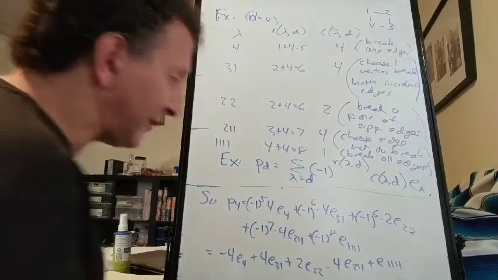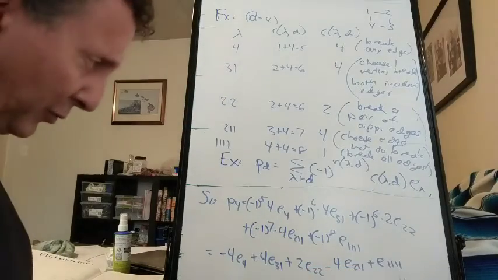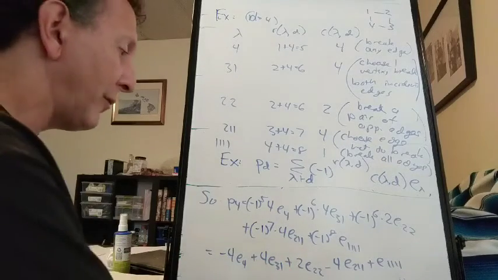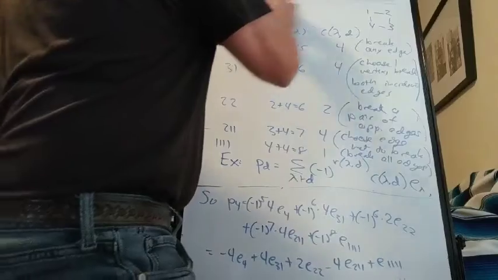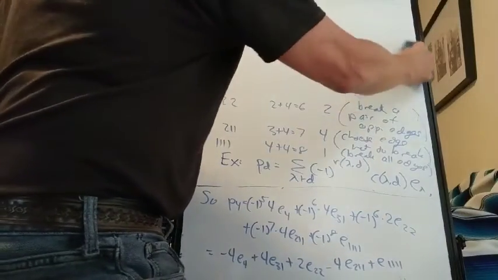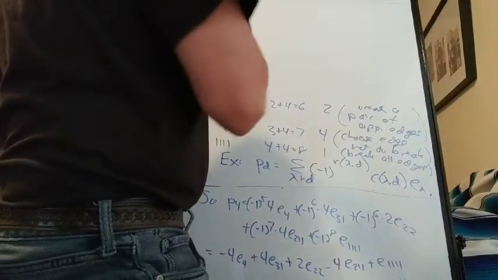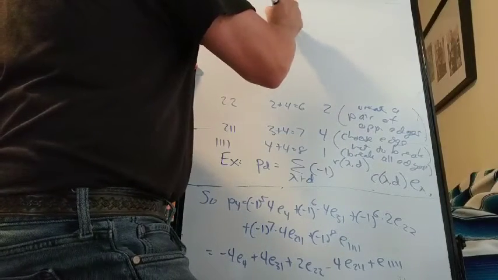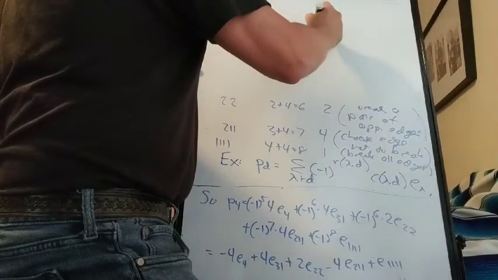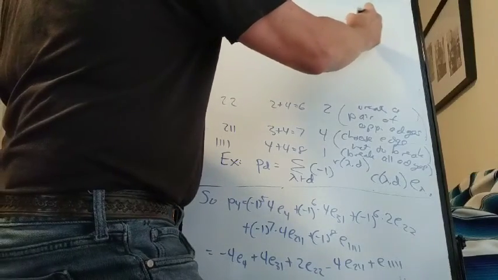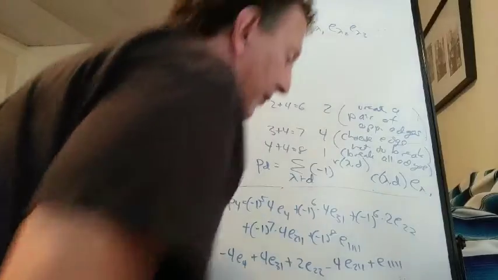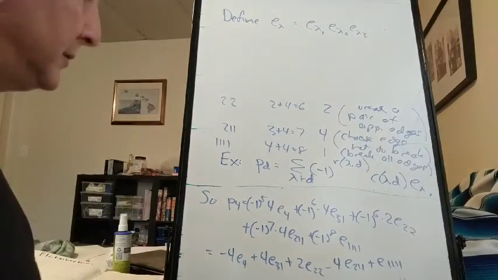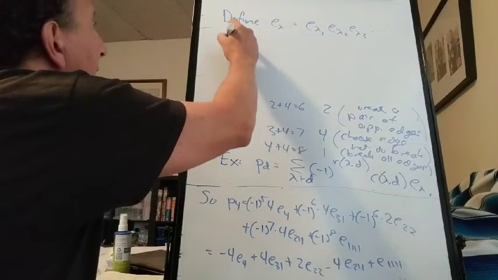And I just realized I haven't defined this notation for elementary symmetric functions. We defined e sub k, where k is just one number. When we've got a partition there, we define e lambda to be e lambda 1, e lambda 2, e lambda 3, etc. Just the product. So I could have written this as e2 e1 squared.